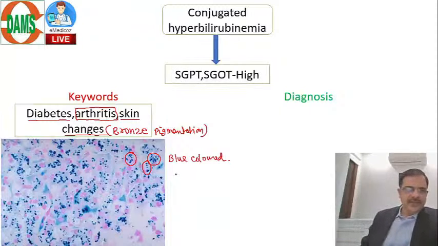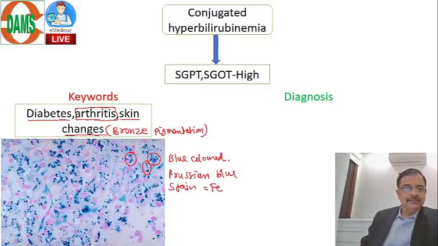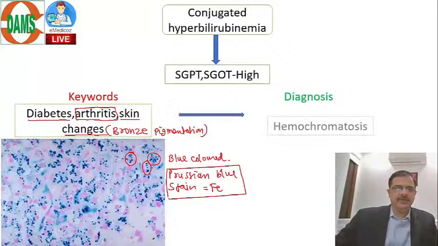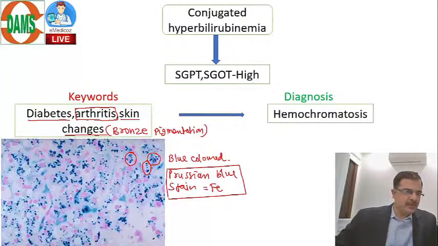So this is the Prussian blue stain, and it will be staining the iron. Blue colored iron. Yes, very nice. This is a case of nothing but hemochromatosis. Very nice.